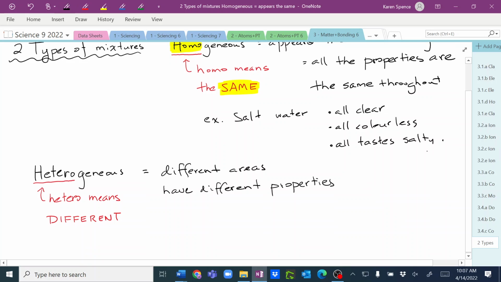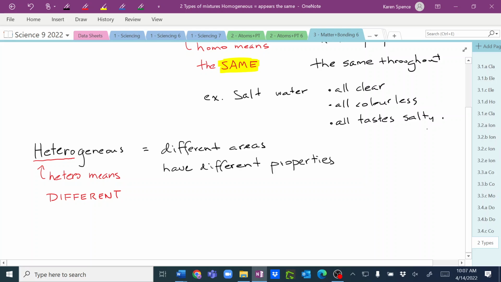And this is due to the fact that you have little or big clumps of a particular type of matter.